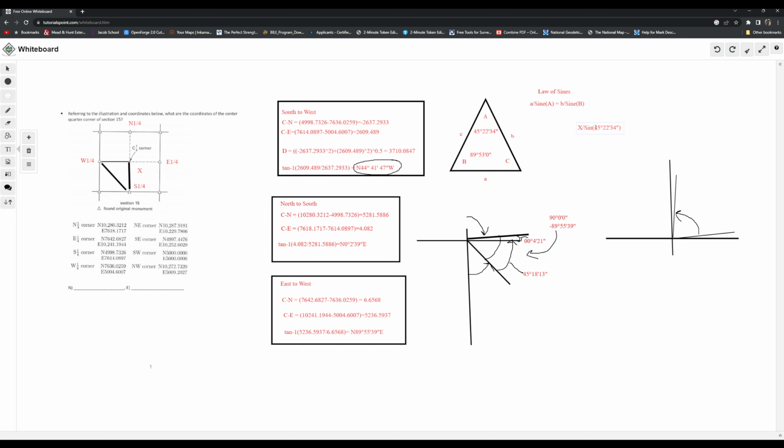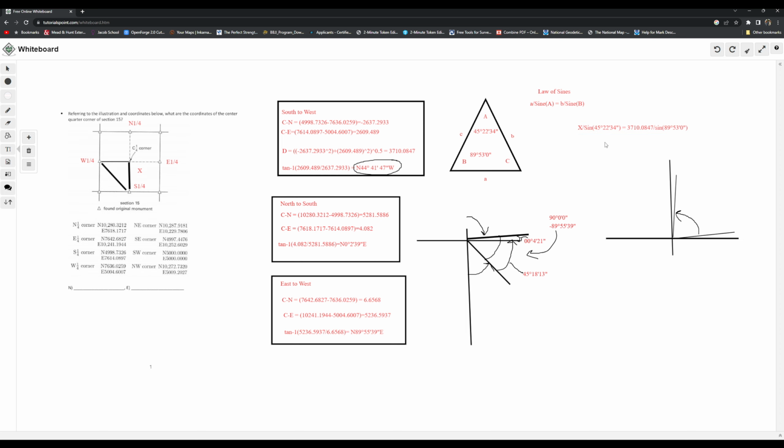And we know that that is going to equal the distance that we have calculated already, this line right here, 3710.0847 divided by the sine of B, which we calculate as 89 degrees, 53 minutes and 0 seconds, right?